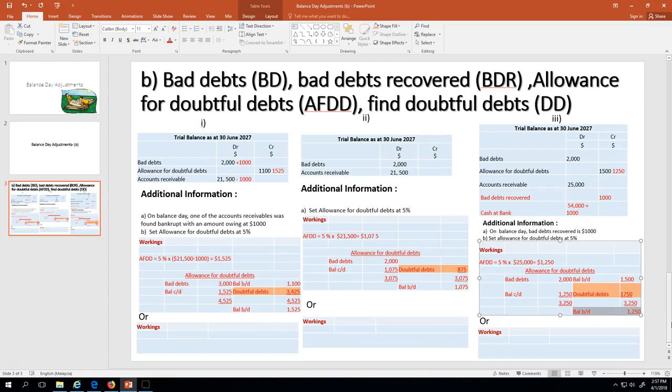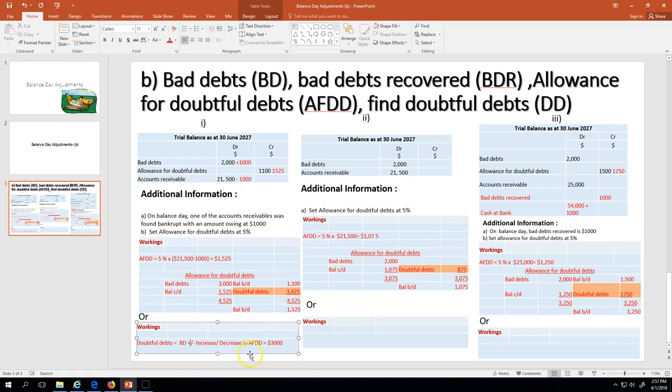So if you practice from now, your skill would have improved by then to help you out. However, I would love to share with you another way of looking at things to count doubtful debts. Doubtful debts equal bad debt plus or minus increase or decrease in AFDD.